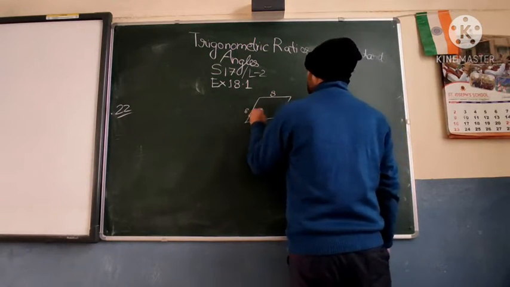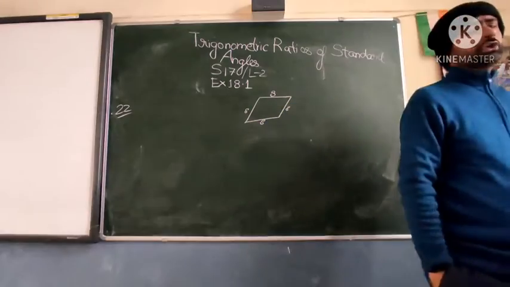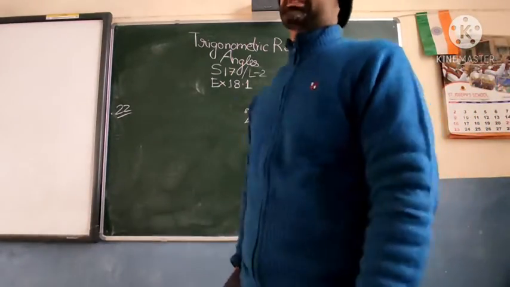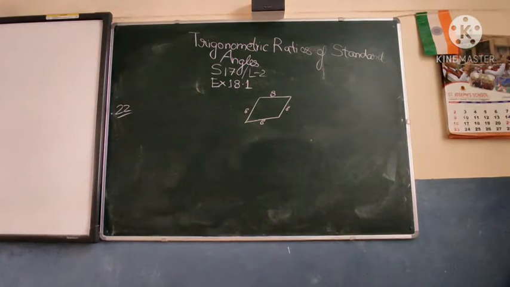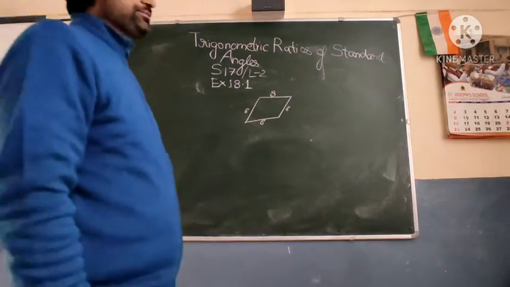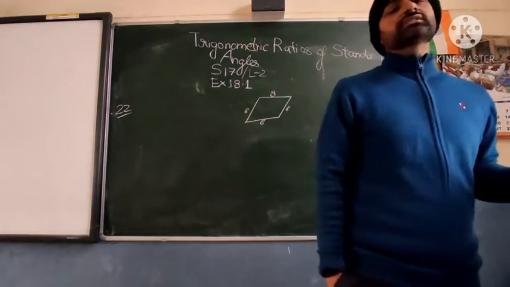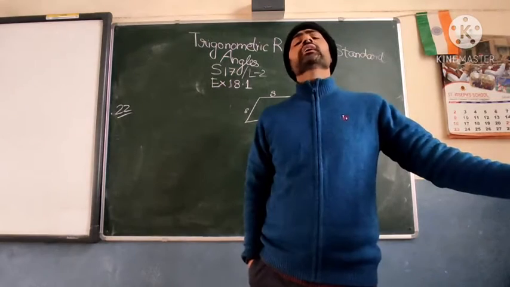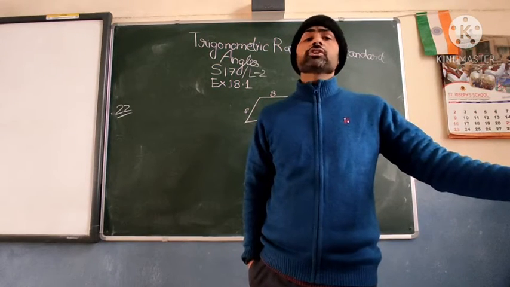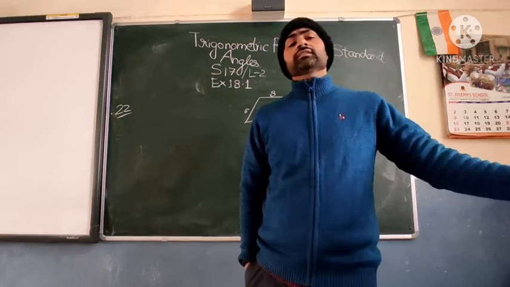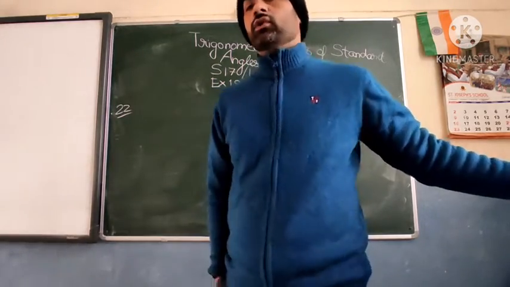Now see, for this question, you need to know the properties of the rhombus. In the rhombus all the sides are equal, and also the diagonals intersect each other at 90 degree. One more property you must know regarding rhombus, that the diagonals bisect the angles of rhombus.